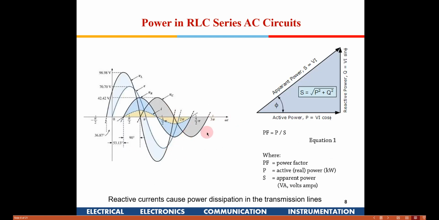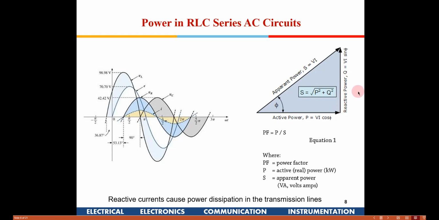Now this is known as the active power, VI cos phi. This is the actual work that needs to be done by the source, and this power will be dissipated as heat in the resistance. Whereas the reactive power is VI sin phi. This component is energy being transferred from the source into the inductor and capacitor and pushed back to the source.